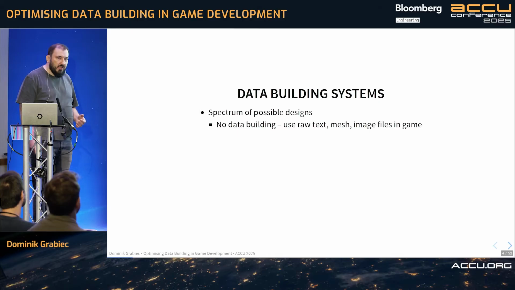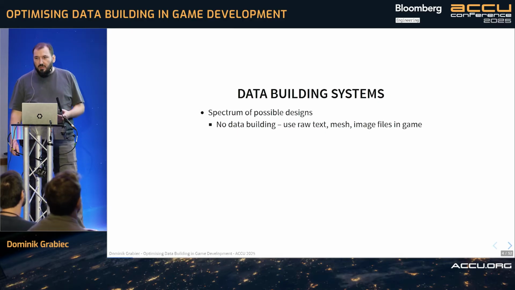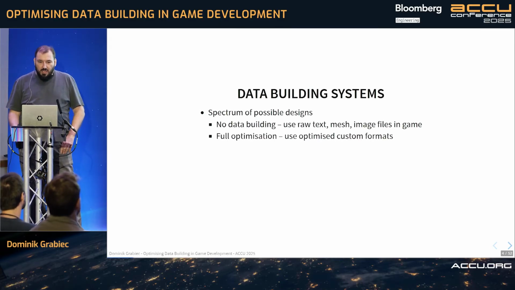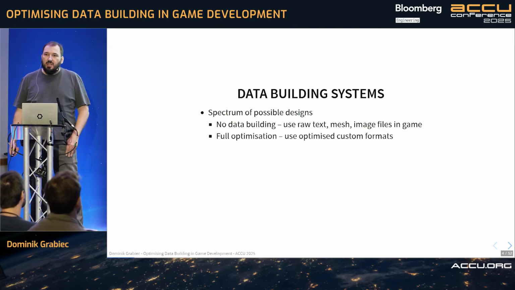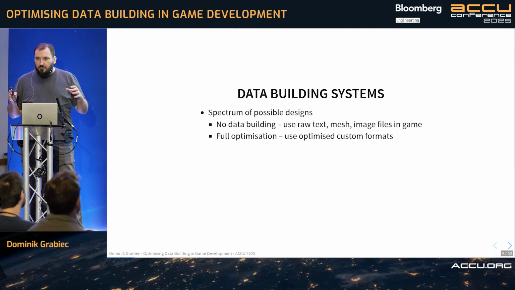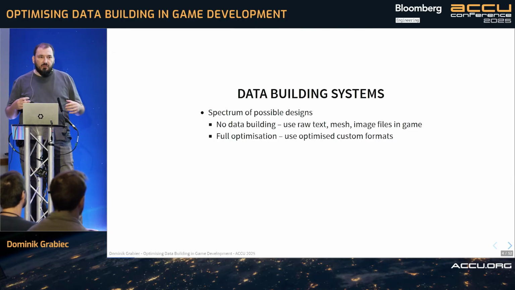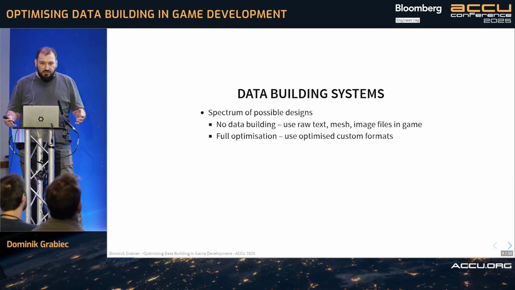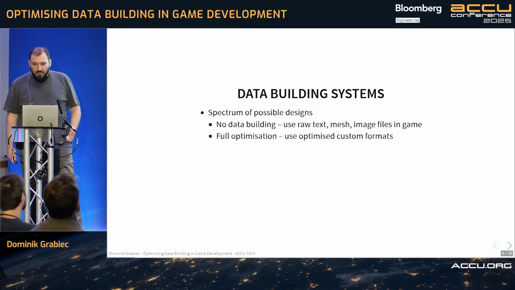It's more commonly done in smaller games because there's not that much data, and you don't need to do it that quickly. At the other extreme, there are games with full optimization where they basically just load from disk into memory and patch a few pointers and that's it. But to get to that stage, you need to do a lot of heavy processing, using a lot of machines.